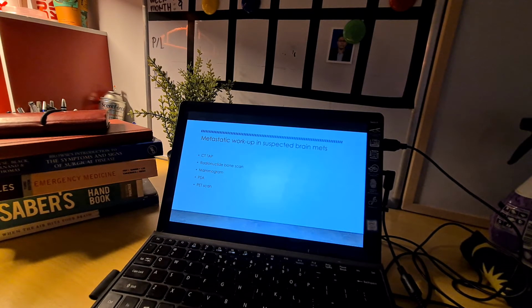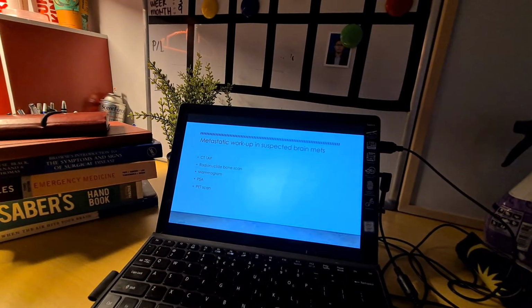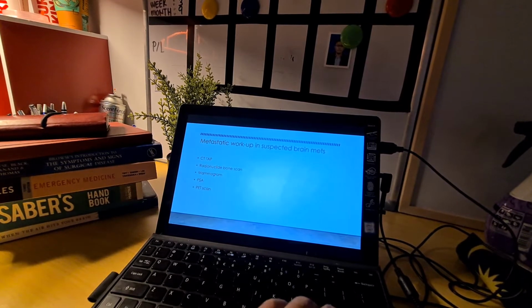So usually we do the CT brain plain first, and usually in the investigation we have already done the CT-TAP for staging.